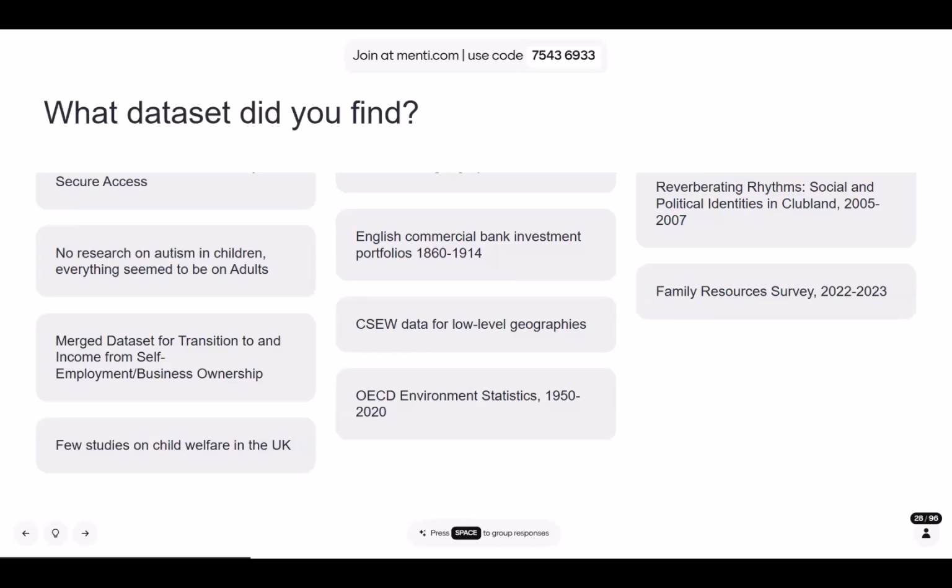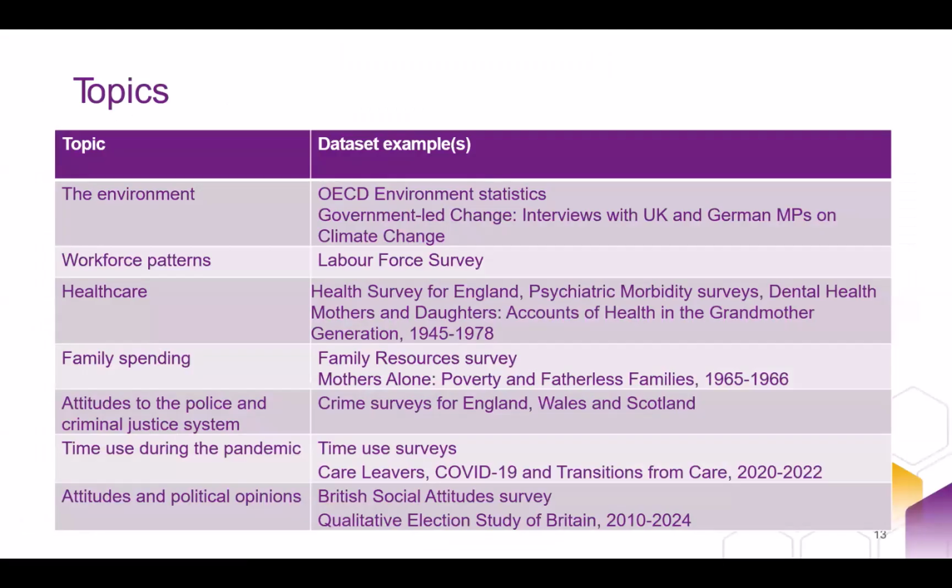We've got the Family Resources Survey too, the OECD Environmental Statistics, excellent. So if you stay within the studies, the in-house curation, you're probably going to end up landing on a lot of our national, more representative surveys.